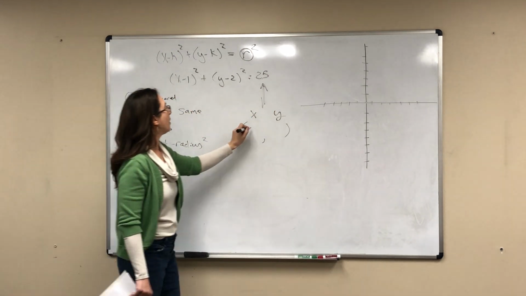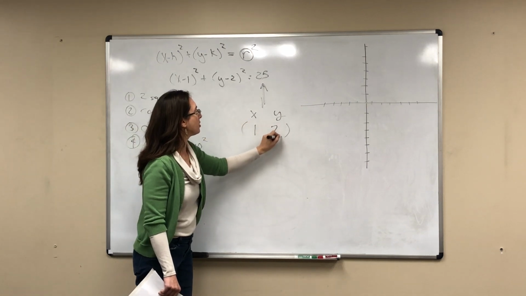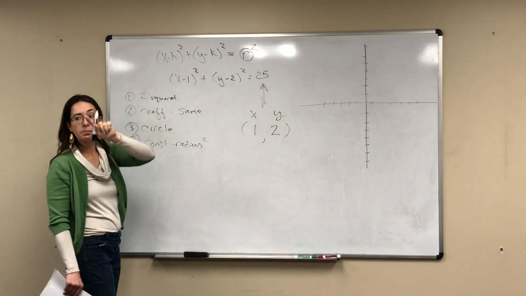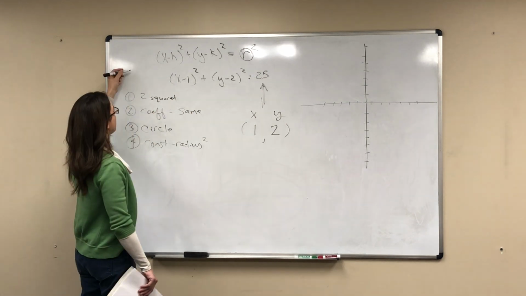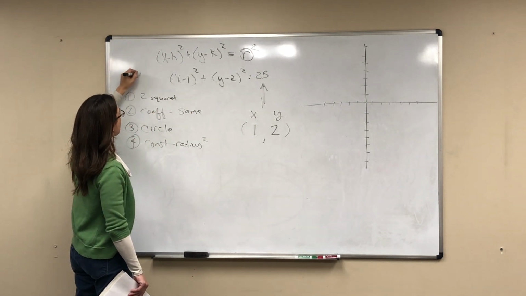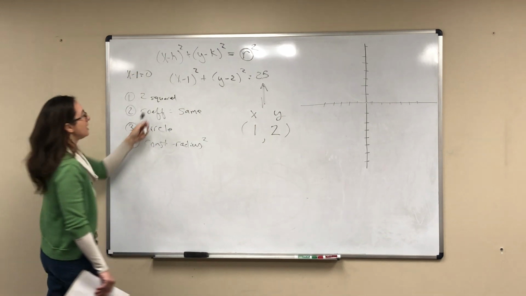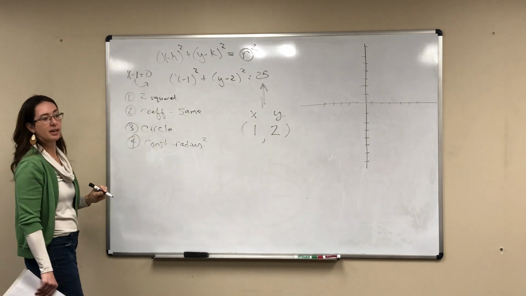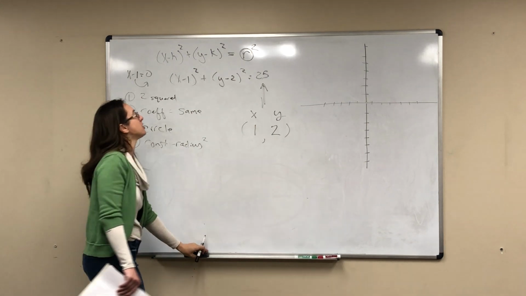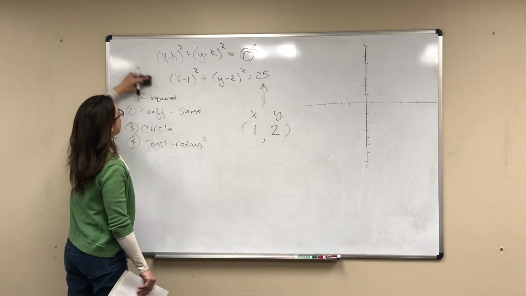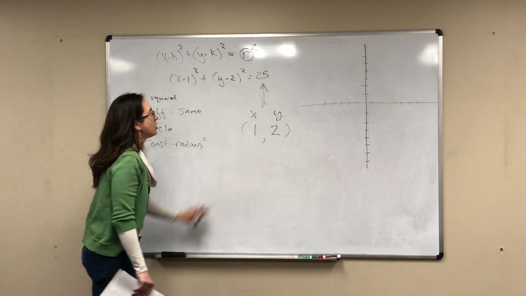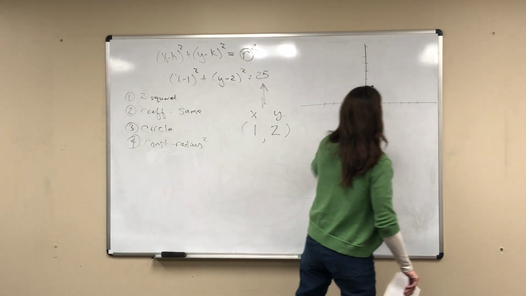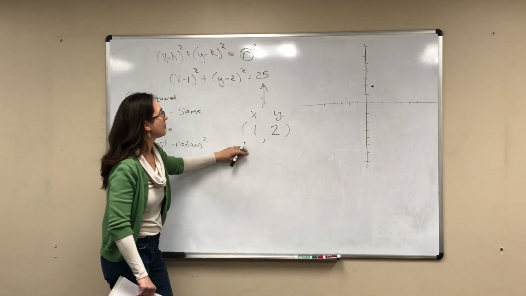It's the opposite sign because, remember when we talked about this, if I were to set x minus 1 equal to 0, I would need to move that 1 to the other side. When I change sides, I change the sign, okay? So I'm going to start at 1, 2 for this circle, okay?